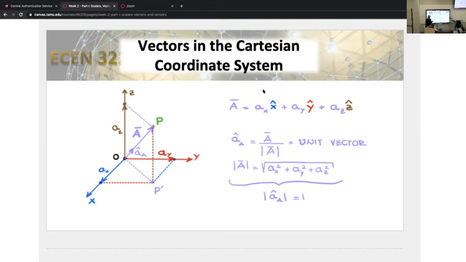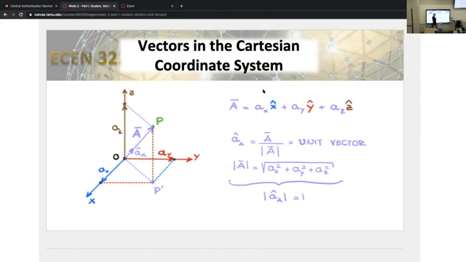It only indicates the direction of vector A, and we find it from here, obviously. So if you want to find the unit vector A, let's assume that P is 0 in A sub X, 1 in A sub Y, and 1 in A sub Z. All right, so we have Y plus Z.